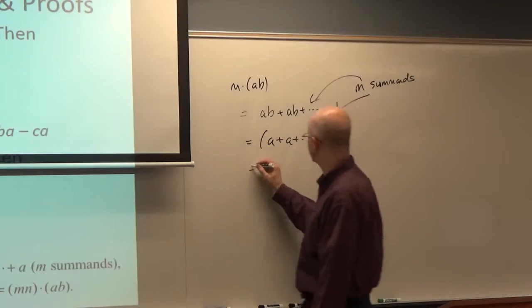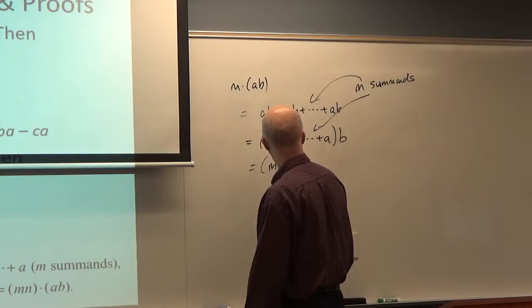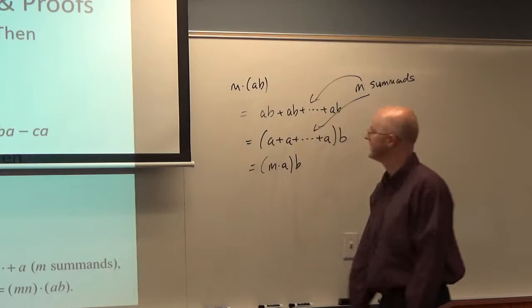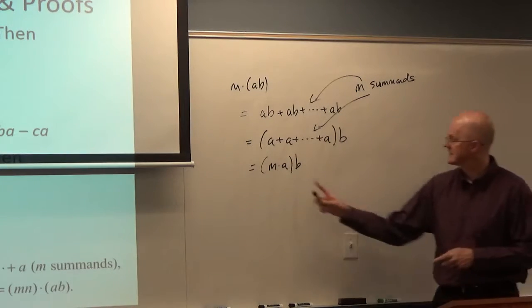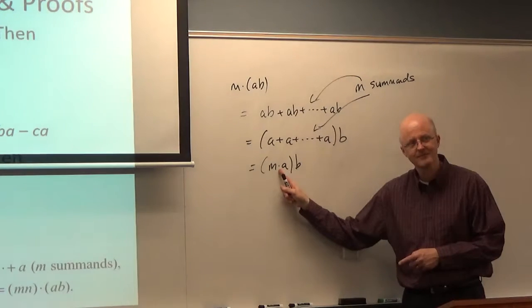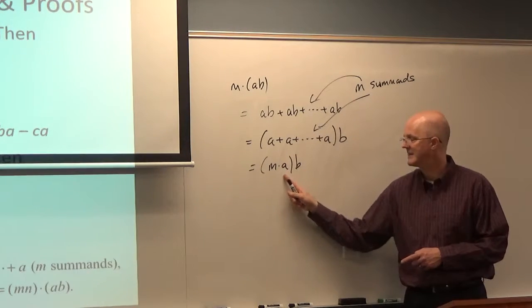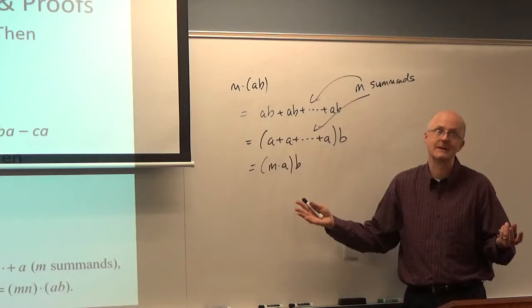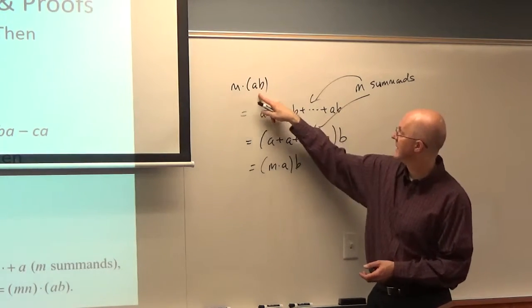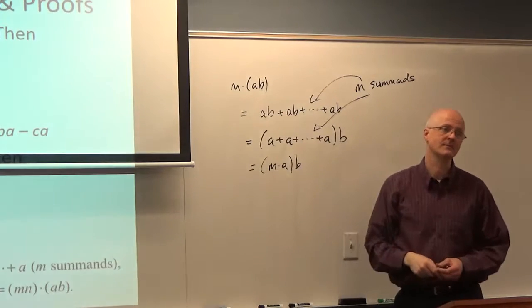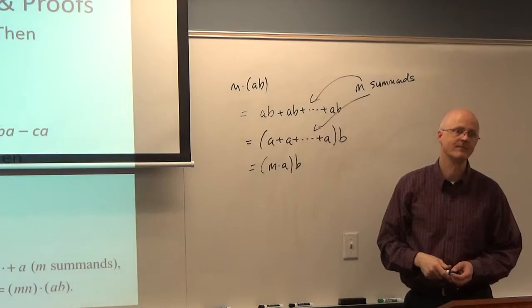And then by definition, that's ma times b. This is not the ring multiplication. It's a added to itself m times, that ring element, times b. Does equal this ring element added to itself m times. That's the point.